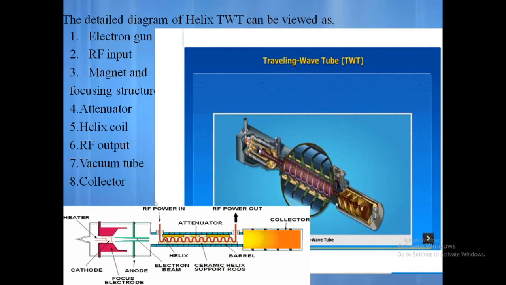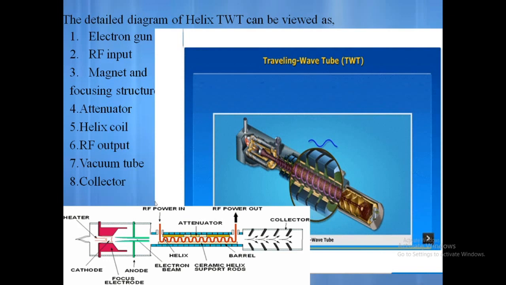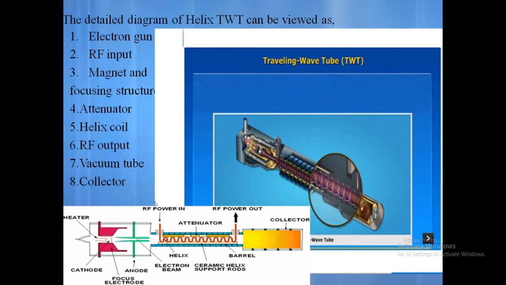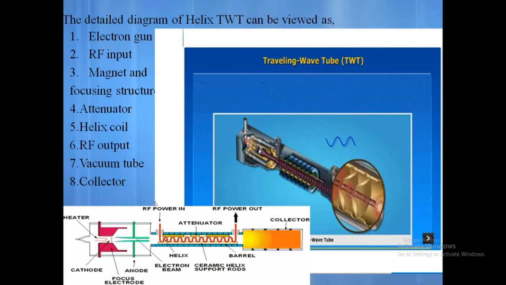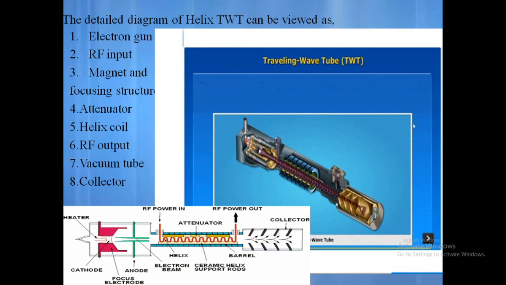Helix coil. It is in the form of a helical shape, around the electron beam. The main function of the helix coil is to propagate the RF signal in it. The RF output.